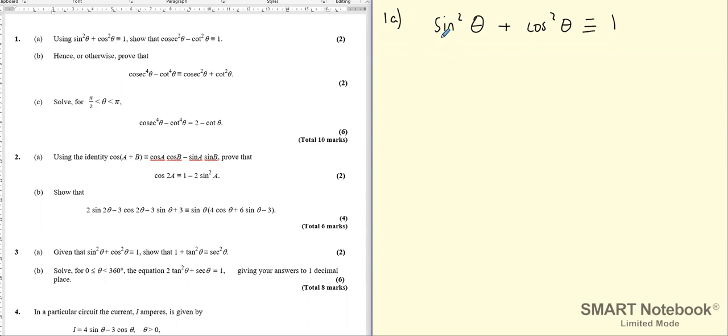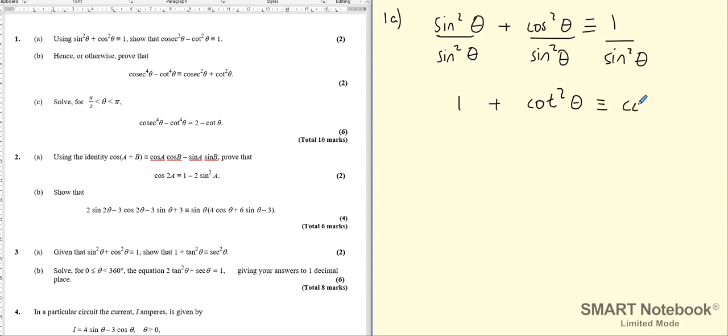So that's what we are going to do here. Divide every single term by sine squared theta. And so we get 1 plus cot squared theta is identical to cosec squared theta.